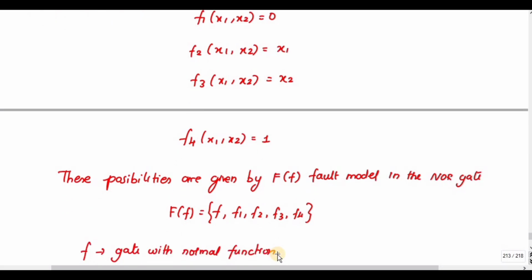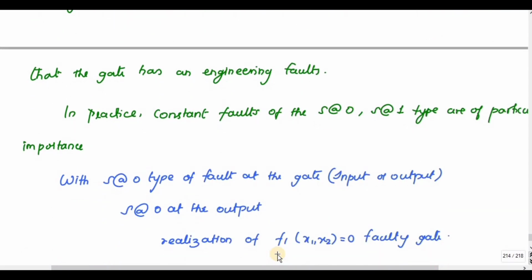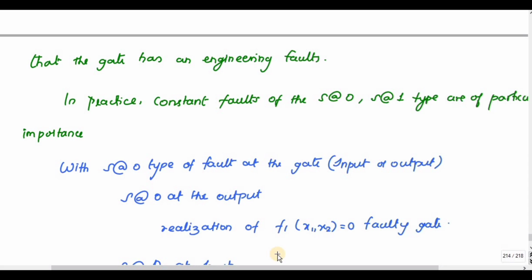So we can write that if there is a stuck-at 0 type fault at the output, we realize the function f1(x1, x2) = 0 for the faulty gate.